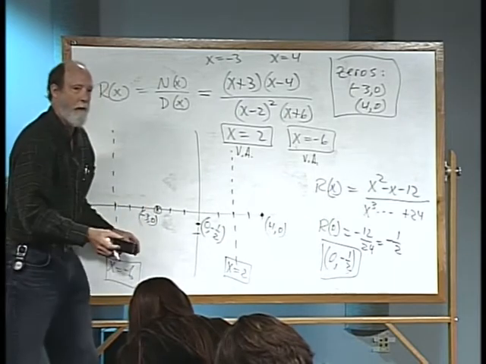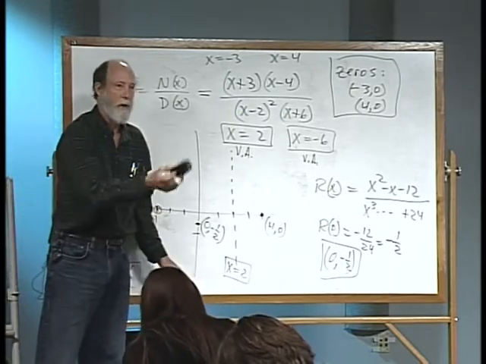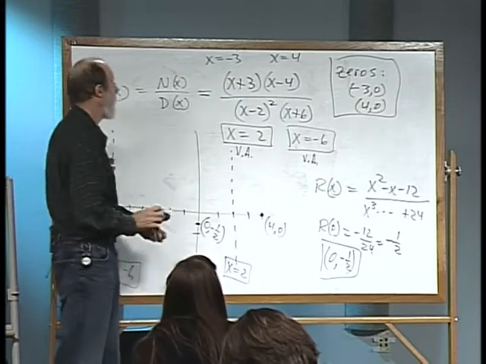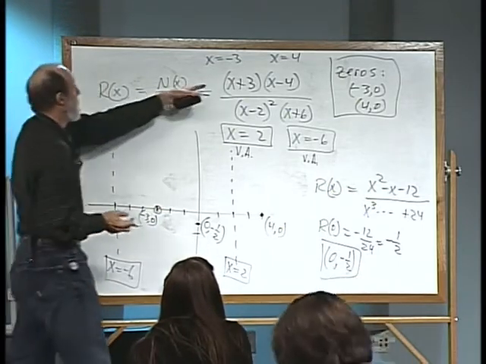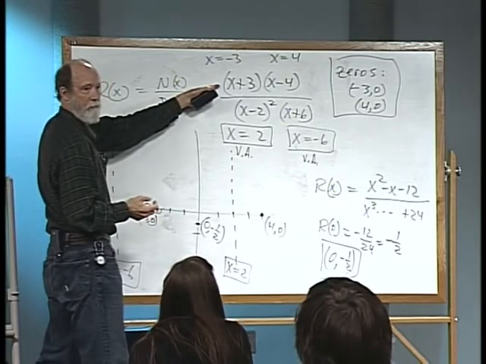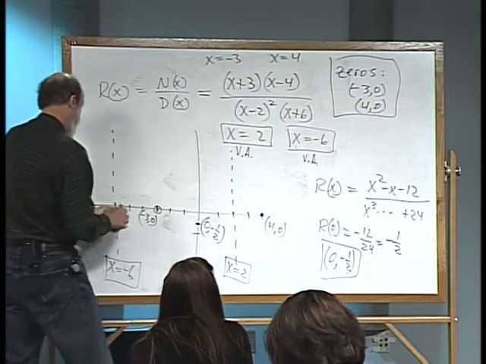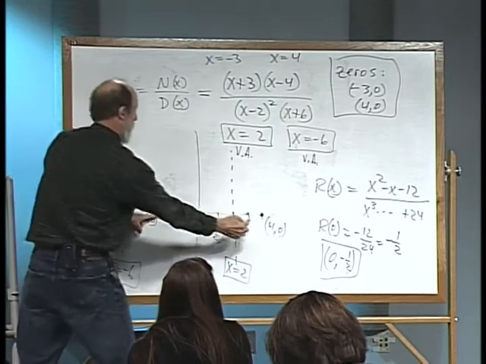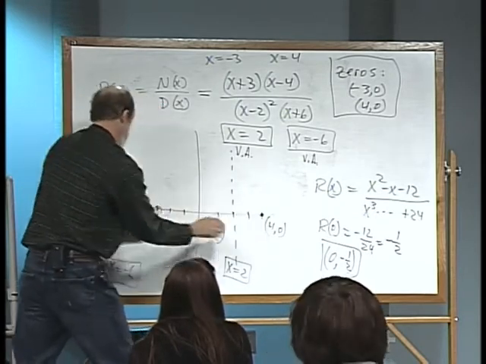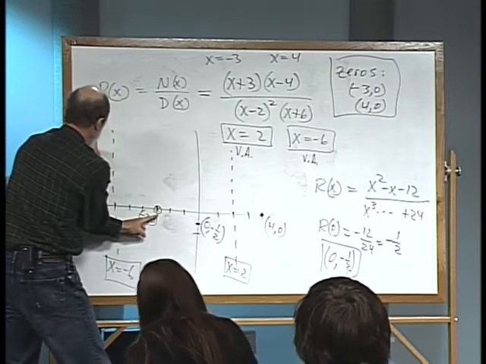Okay, now I'm going to go fast on this. Next class session, I'll come back and go a little slower. I want to draw a picture of the numerator. The numerator is a parabola, right? With zeros here and over here. Okay, so I'm going to just draw it kind of like this.